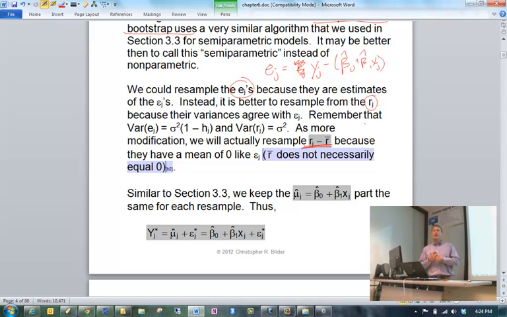So it's a very minor modification, but this is what the approach of the book has done, and so I decided to be consistent with what they do. What do you think? Do you think the variance of this is still sigma squared? Actually, it's not. Unfortunately, the book doesn't really get into it very much, though. It's going to be very close to sigma squared, and we'll talk about it later on. Okay?